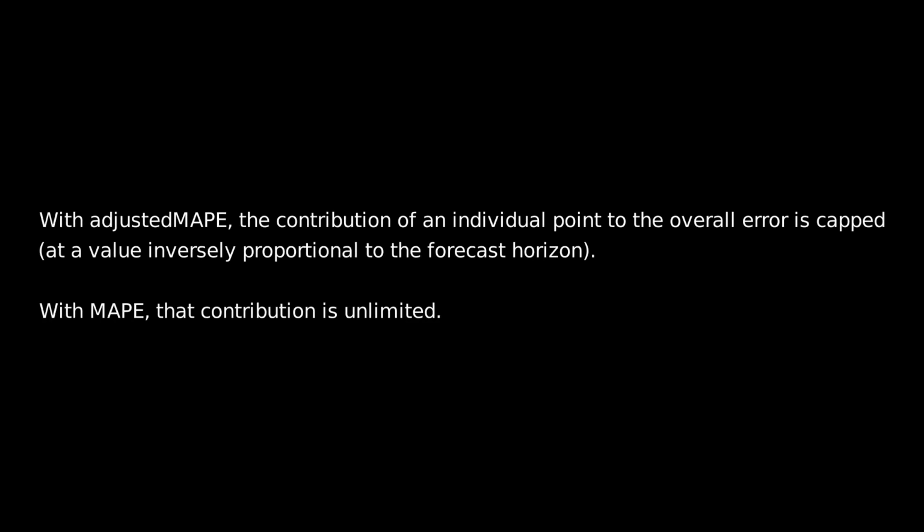The takeaway point is that with adjusted MAPE, the contribution of a single point, for example, an outlier, to the overall metric is capped at an amount that is inversely proportional to the forecast horizon. With MAPE, however, that contribution is unlimited. This whole thing results in adjusted MAPE being much less sensitive to outliers than MAPE.